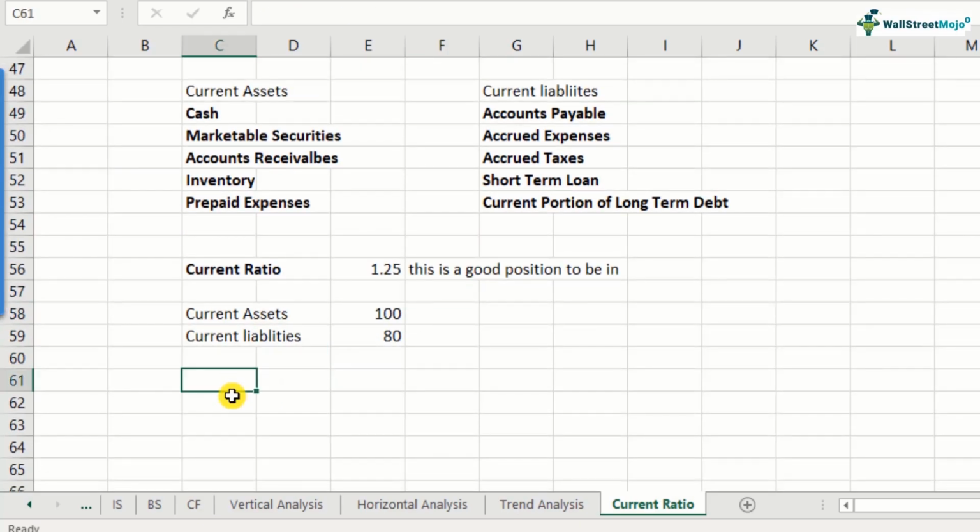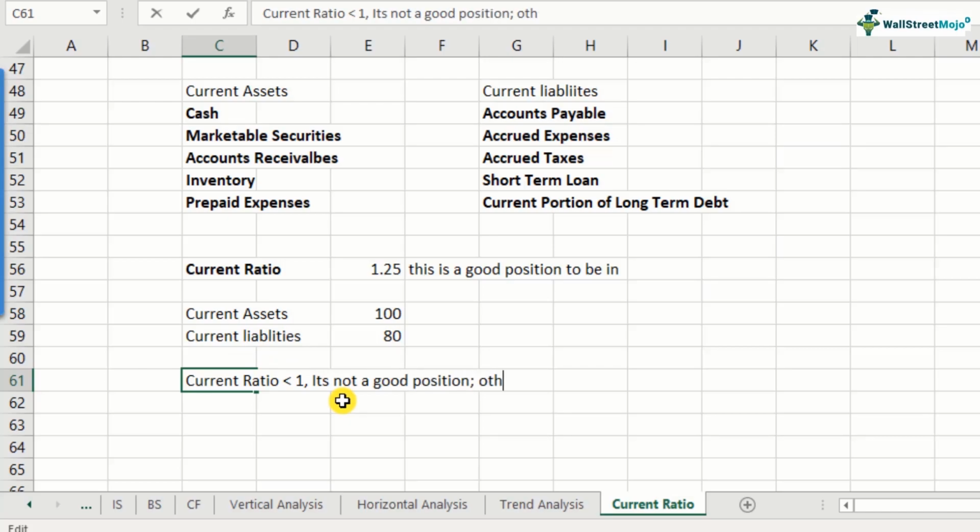Likewise, let's say if current ratio was less than 1, then what would you have done? If current ratio is greater than 1, obviously we are saying that it's a good position to be in. When current ratio is less than 1, we note that current assets won't be enough to pay for current liabilities. So it's not a good position, right?